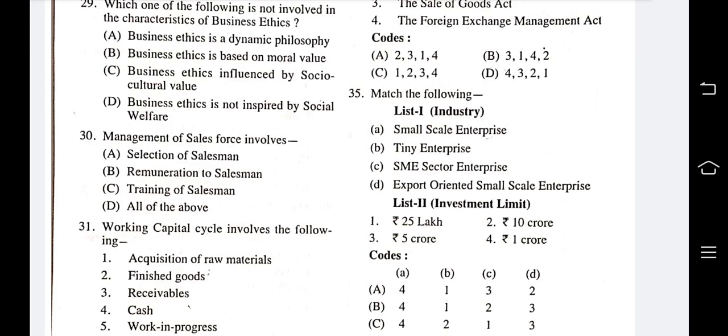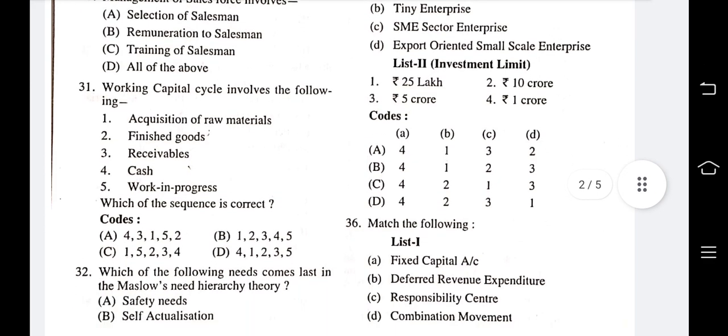Next, the working capital cycle involves the following. Options are acquisition of raw materials, finished goods, receivables, cash, work in progress.